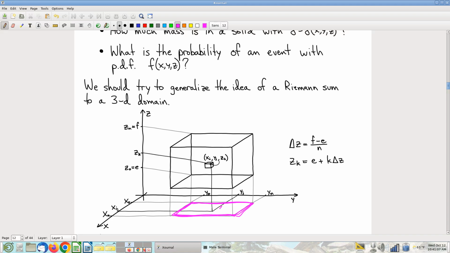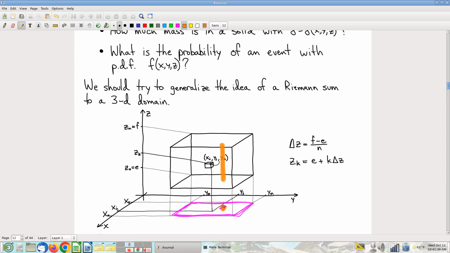Look at little pieces there and ask, well, how much mass is sitting over that piece of area? How much mass is sitting over that piece of area? Well, I don't know, because the density is very different at the top and very different at the bottom. So breaking this up as a double integral does not simplify the problem.